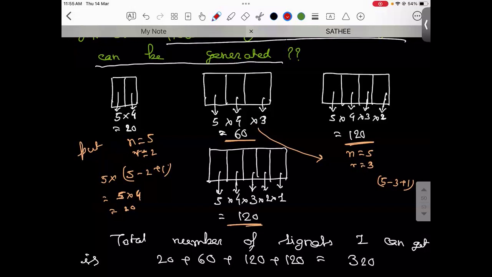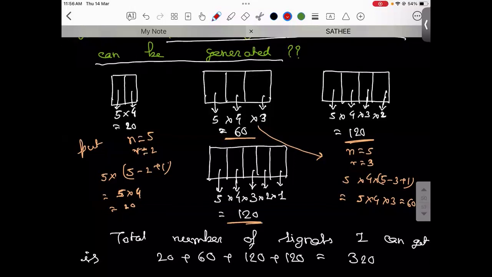I can go up to 3. So the previous terms are 4 and 5. So how many choices can I have? 5 into 4 into 3, which equals 60.